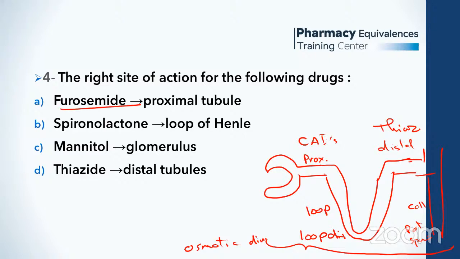Furosemide in proximal tubule, is it right or wrong? It is wrong. Why? Because furosemide is a loop diuretic, so it will act on the loop of Henle, mostly in the ascending part. Spironolactone, what is the spironolactone?